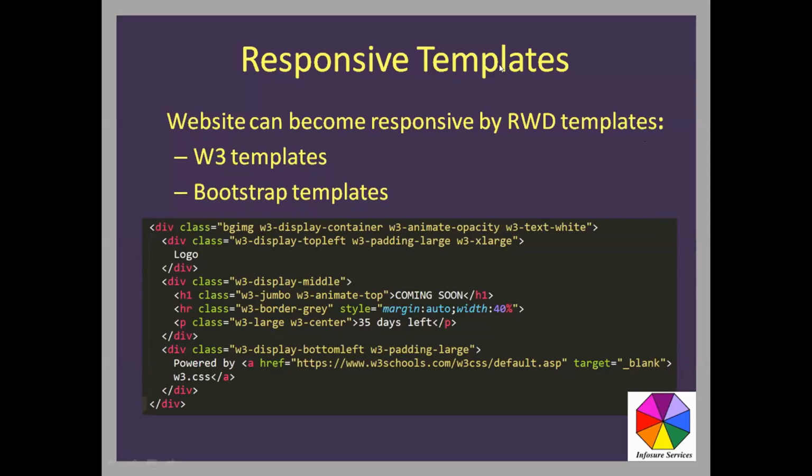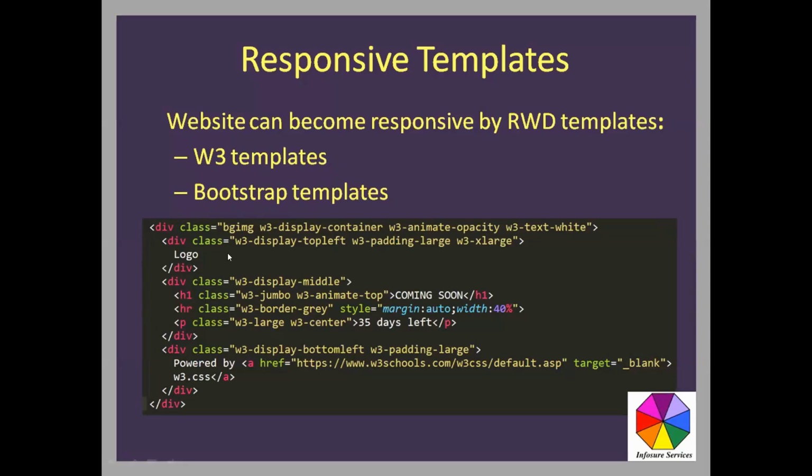When you say responsive template, there are a lot of presentation aspects to look at, like buttons, the display, and so many aspects. The templates are available in two types: Bootstrap templates, which are standard, or W3 templates. So it can be either way.